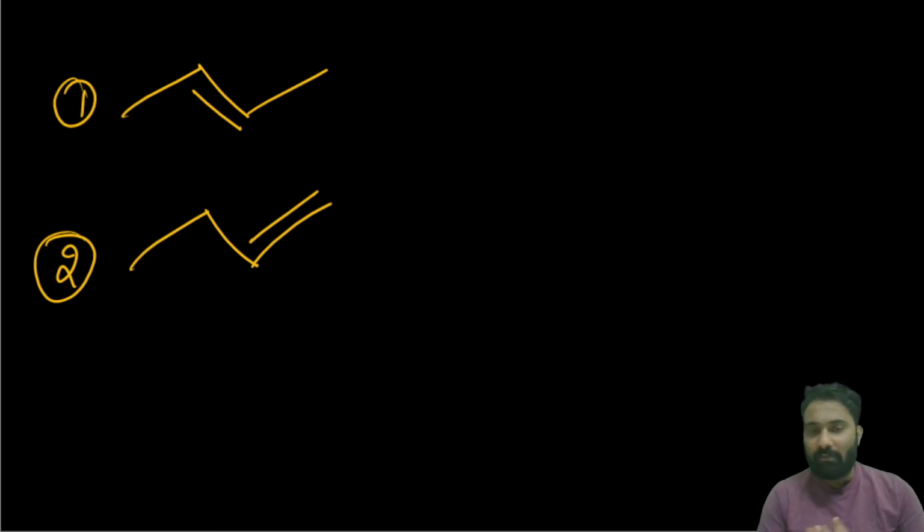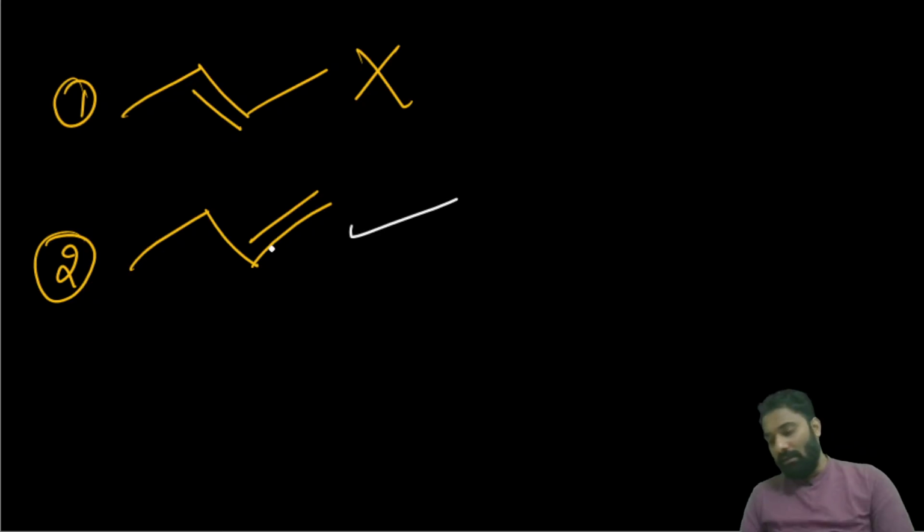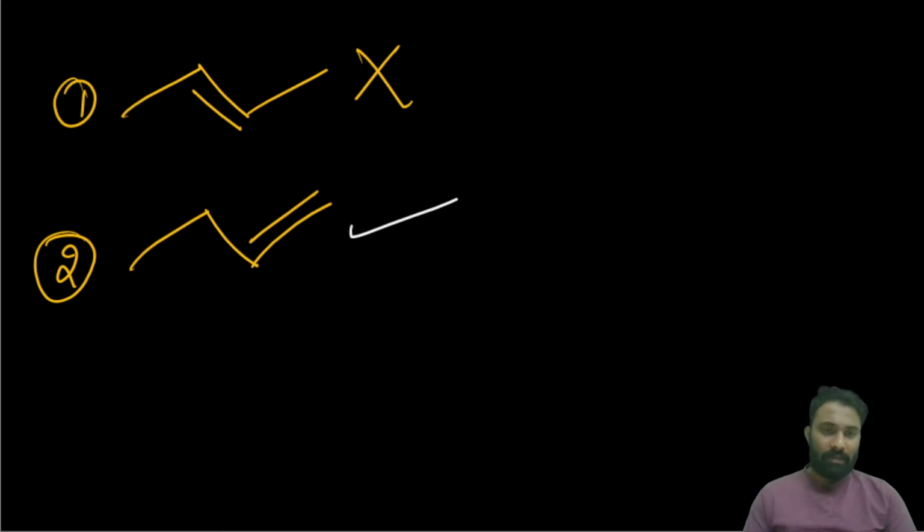Rearrangement takes place if required. Correct, rearrangement takes place, that is also okay. Rearrangement follows wherever there is a requirement. Clear? The first one is symmetrical, so it will not readily take place. In the second one it will readily take place because it is an unsymmetrical alkene. Done?